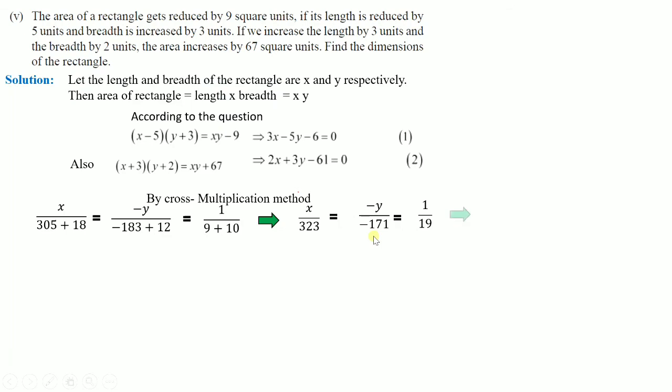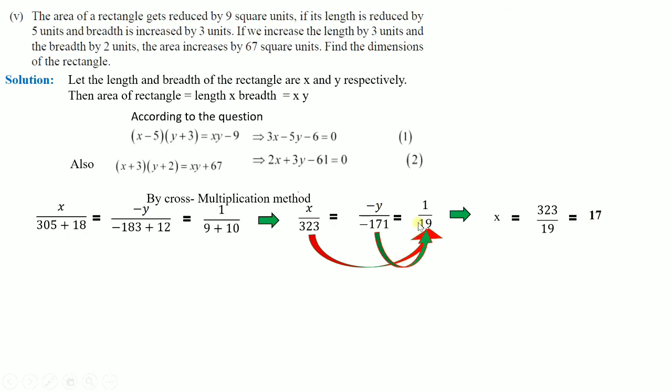Then we will have two relations. First, x upon 323 equals 1 upon 19. This implies x is equal to 323 upon 19, which is 17, so x is equal to 17.